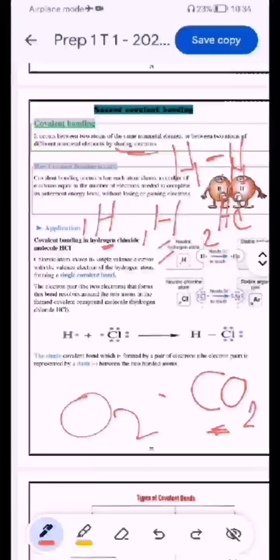So a covalent bond occurs due to what? Due to sharing electrons between 2 atoms. I have 1 and the other has 1. We will share our valence electrons with each other. So I will have 2 and the other atom will have 2 also. Okay?